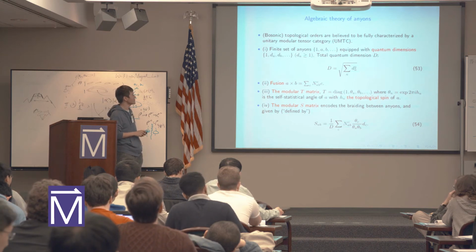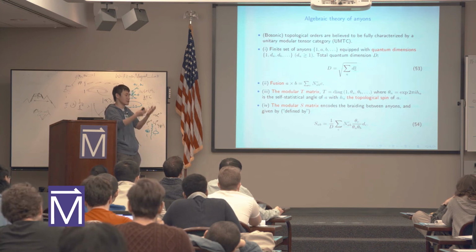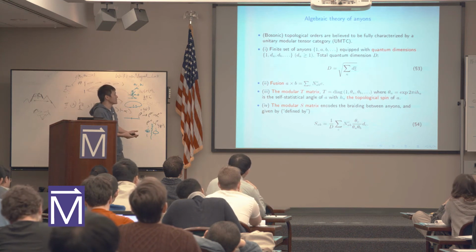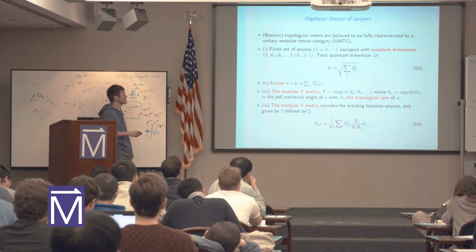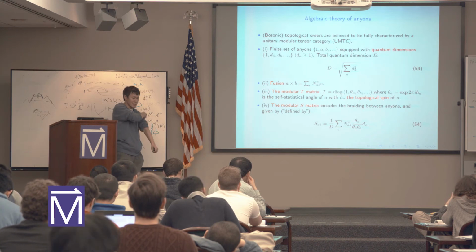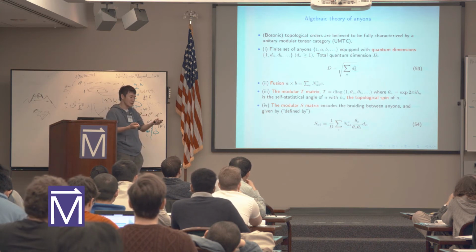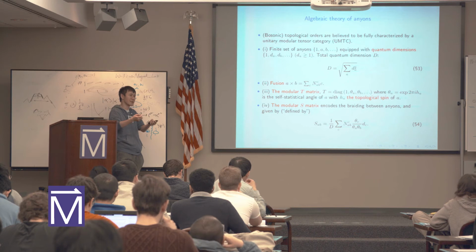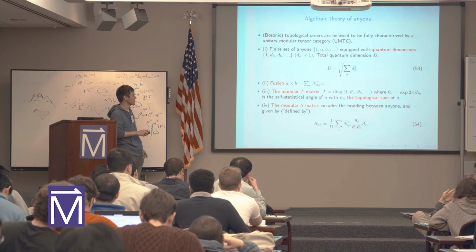Anyons can fuse with each other. If you bring two anyons together in space, they turn into a combined, fused new excitation. There's some rule which we call fusion. Anyons also have non-trivial braiding properties, and we can talk about the braiding of different anyons, or the braiding of anyons of the same kind.